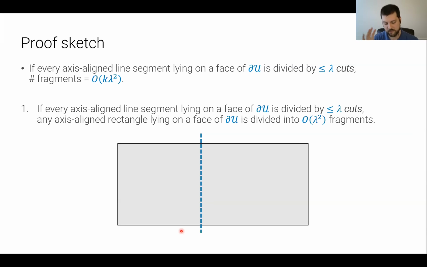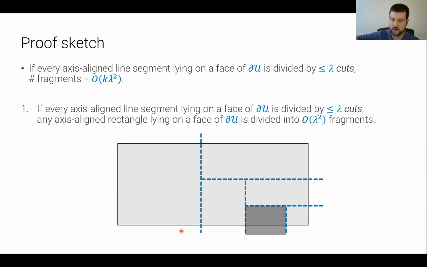So let's look at how this face of the boundary is being cut over time. Maybe there's a first cut that splits into 2, 3, and so on. And eventually the algorithm is going to trap one of the fragments by one of the cuts that it's making. And that's what we'll show in this dark gray.